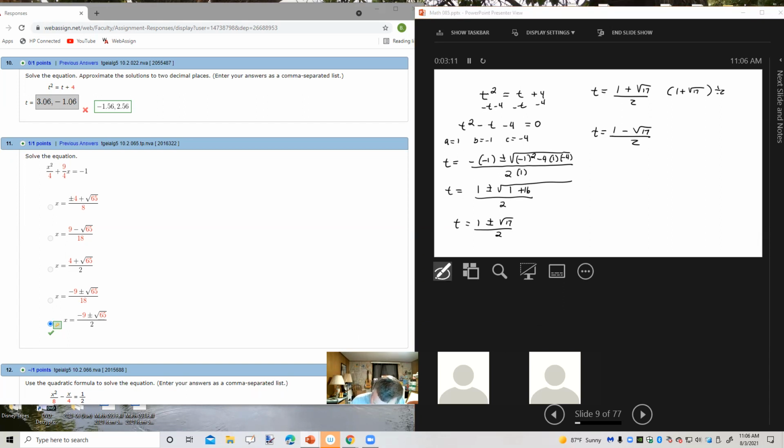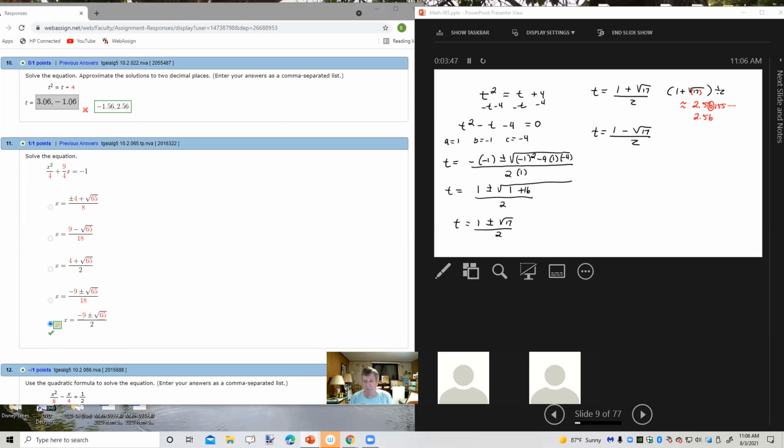There's going to be another set of parentheses right there. Okay. So put that in a calculator. I close up the entire numerator, divided by 2, and I get 2.56155, etc.